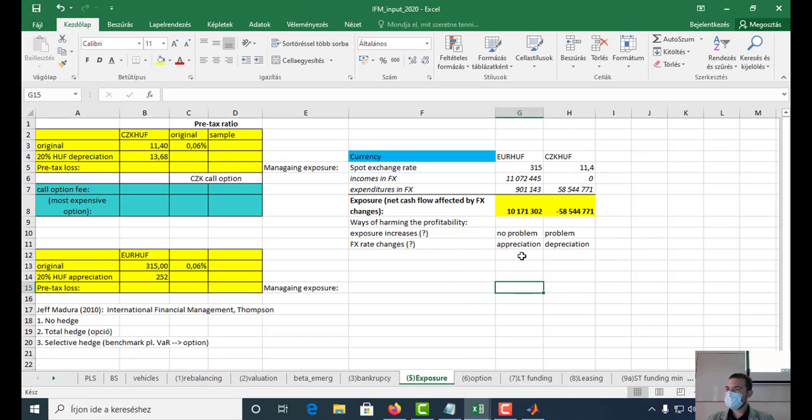And also we know that in reality the euro and the Czech koruna are not misleading in this case. It depreciates and it also depreciates.